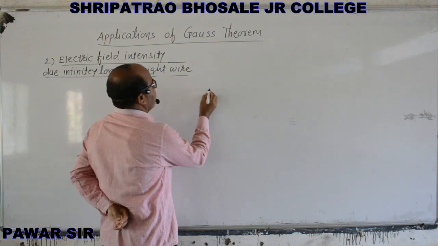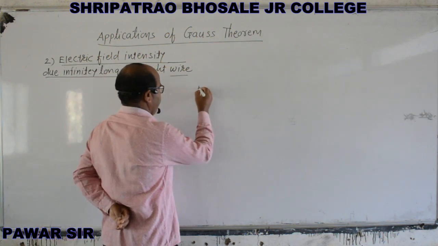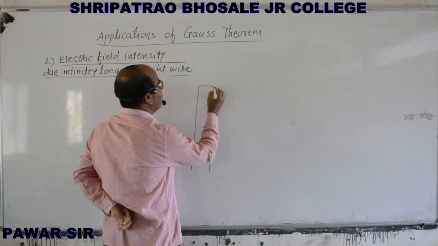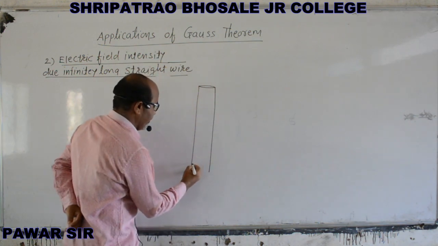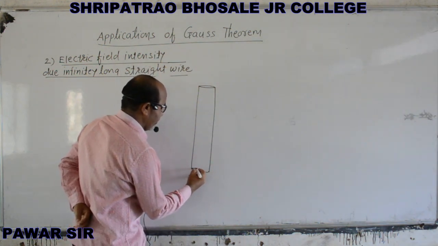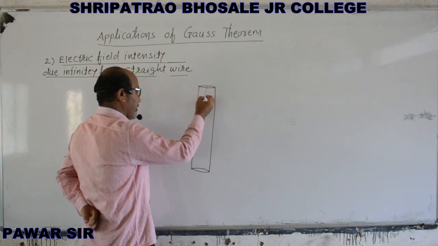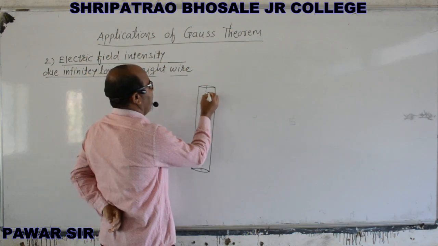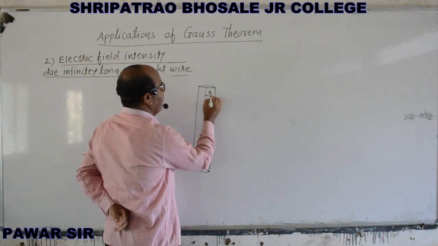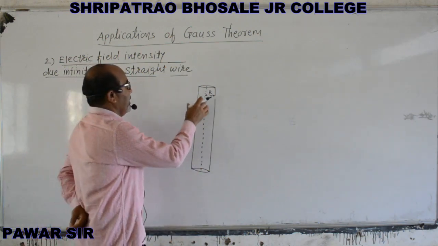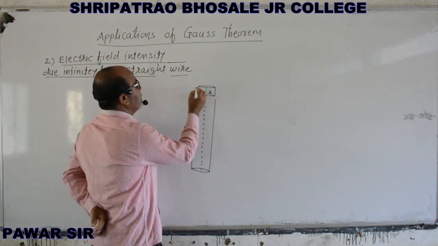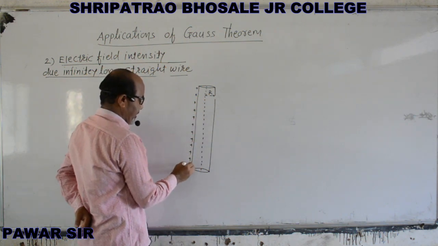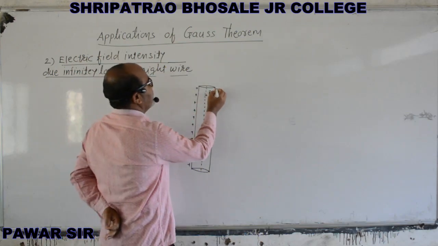So we consider a wire. If R is the radius of this wire, and it is charged uniformly, it is charged on its surface, spread uniformly.